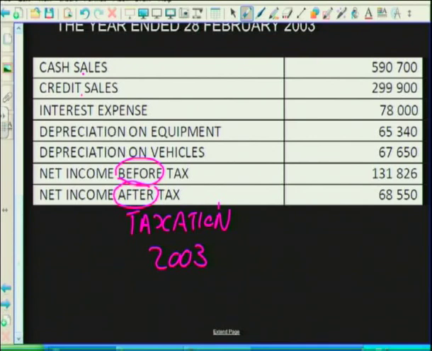Let's do that calculation before we move on. My taxation, this was my net profit before tax. This is my net profit after tax, 68,550 Rand. So the difference has to be my taxation.